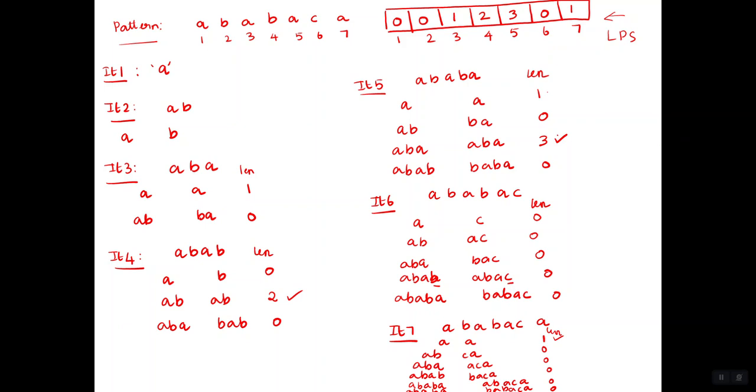So now, provided we understand the basics of this LPS, we will see how exactly the KMP algorithm can be solved by making use of the concept of this LPS. So I will take a very simple example.